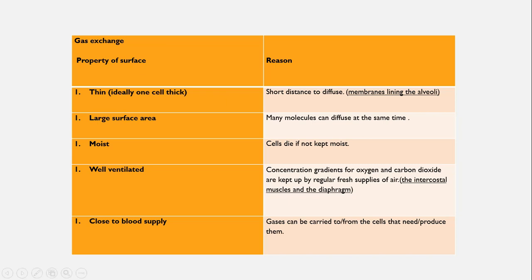Also, these surfaces are close to the blood supply. So, whenever we have an alveolus, this alveolus is surrounded by blood supply to take in oxygen directly to the heart and give off carbon dioxide back from the heart, out through the wall of the alveolus, then out of the body.